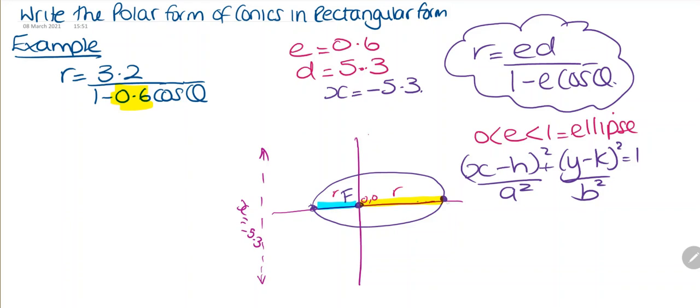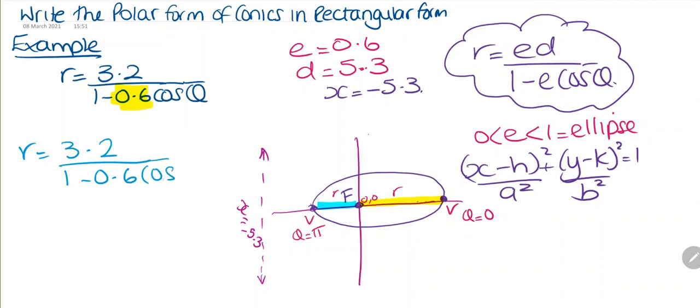At this point, V, we've got theta is equal to 0. And at this point, V, theta is equal to pi.